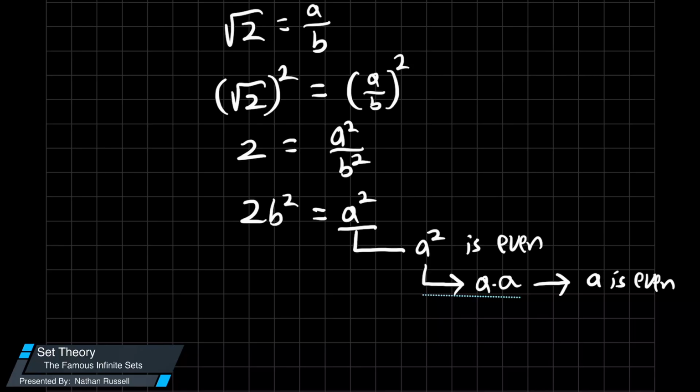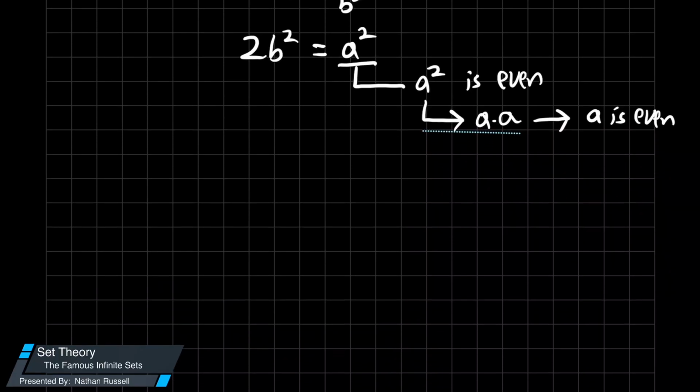Now we're going to take this a little bit further. Given that a is an even number, doesn't that mean that a is equal to 2 times k for some k in the set of integers? Okay, so we don't know what a is. We're keeping it ambiguous, that way this is a general proof. But what we can say is that since a is even, that means that a is the product of 2 and some other integer.